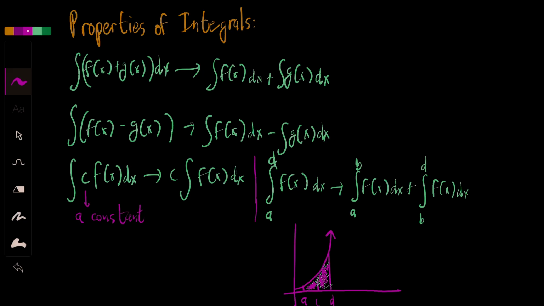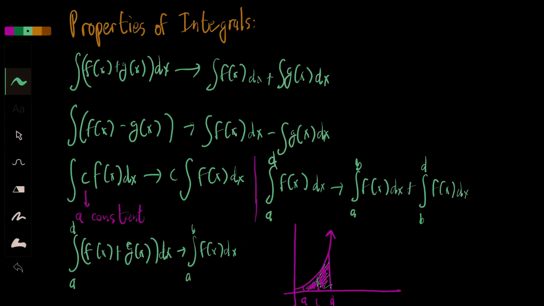Also, these rules can stack onto each other. What I mean by that is, if we have the integral from a to d of f of x plus g of x dx, I can make this the integral from a to b of f of x dx plus the other interval, and then plus the integral of g of x dx from a to b plus the other interval.